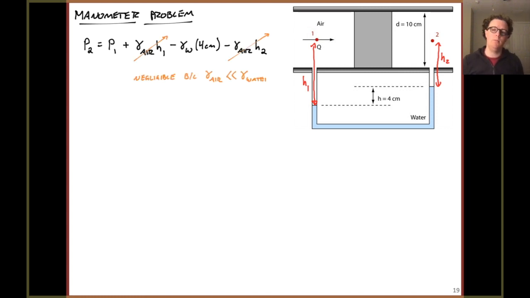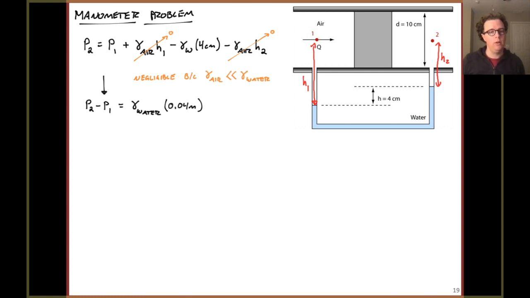Now in this problem, we are not given dimensions h1 and h2 as I've labeled them in red. To proceed, I'm going to assume that those contributions to pressure are negligible. The specific weight of air is incredibly small, and given the scale of this problem, those might only be a few centimeters anyhow, so we're going to neglect those two terms.